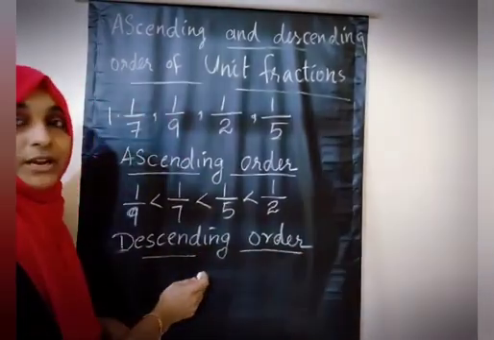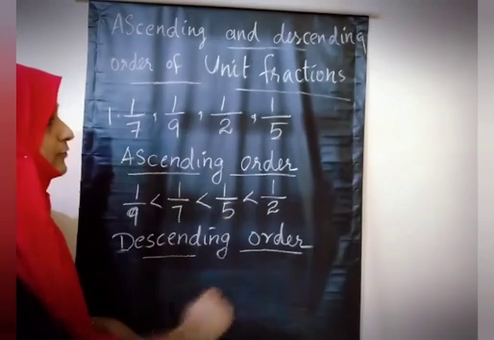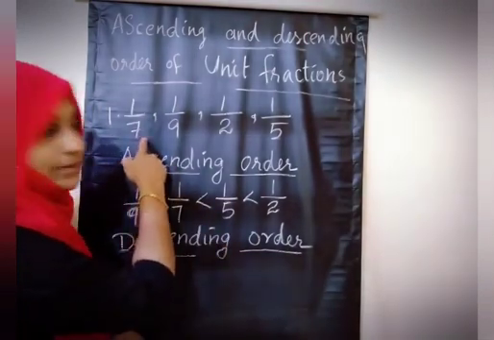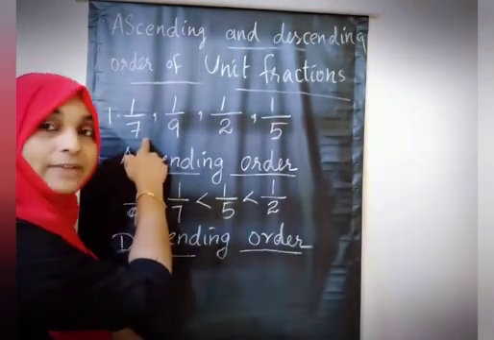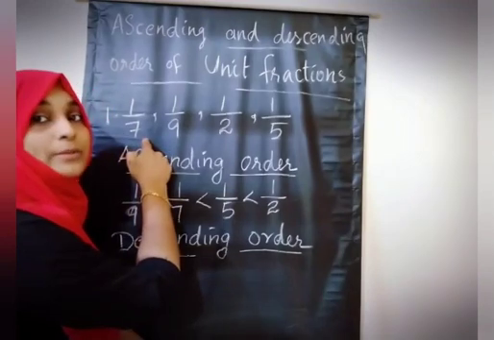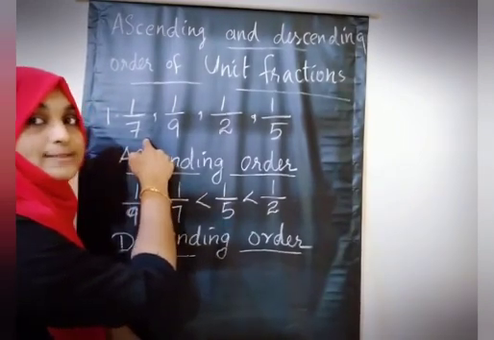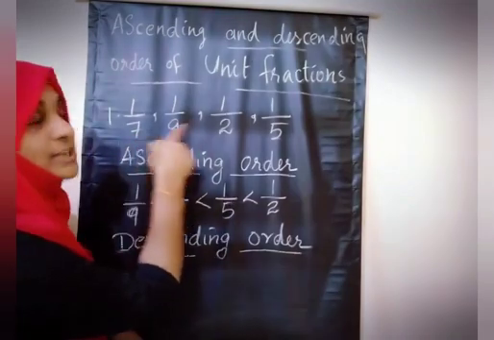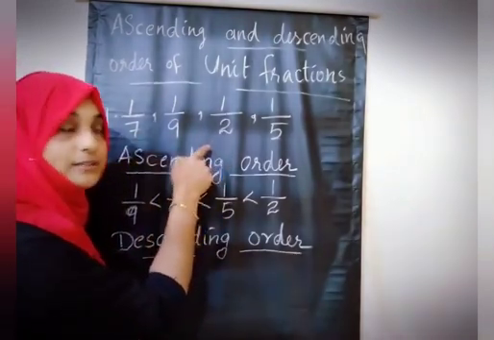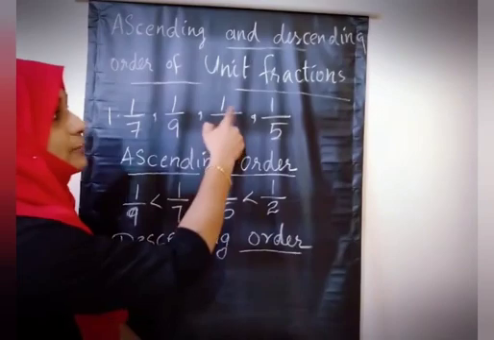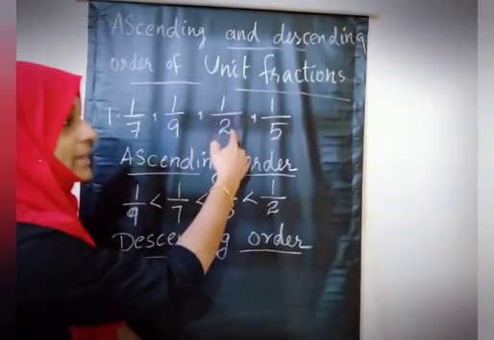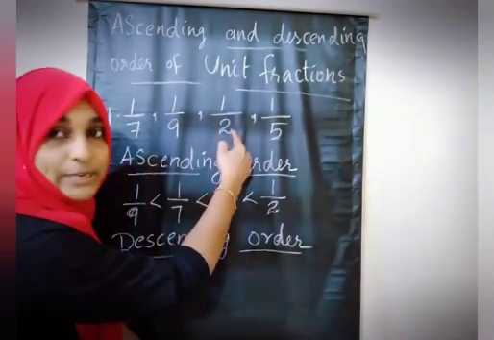Descending order. In the descending order, we check the denominators. The fraction which has the smallest denominator is the largest fraction. Please check which fraction has the smallest denominator. Yes, here the fraction 1 by 2 has the smallest denominator.